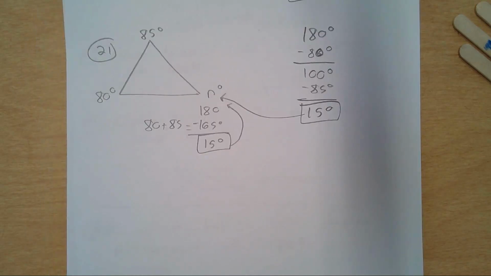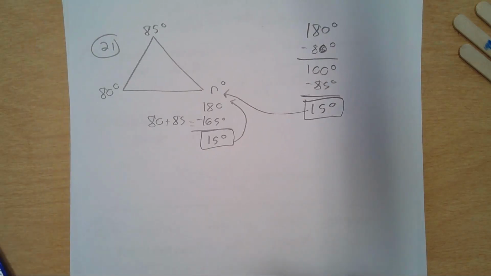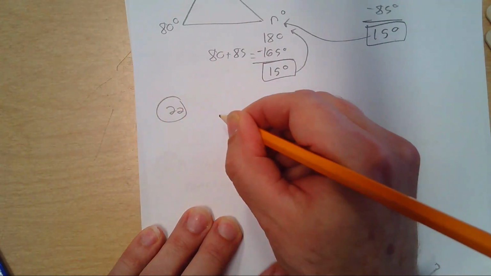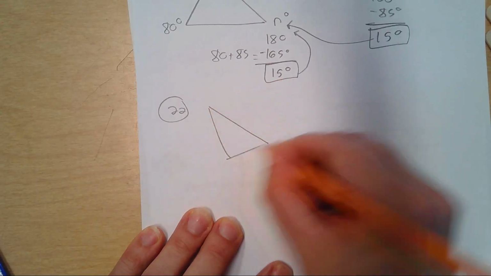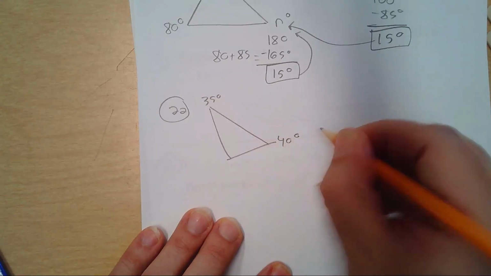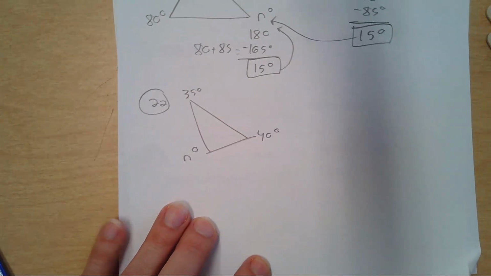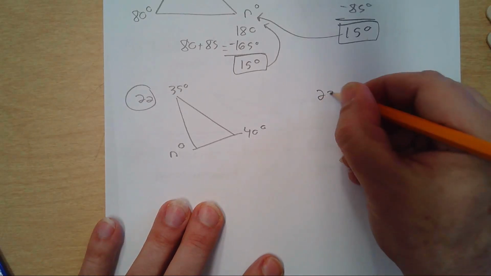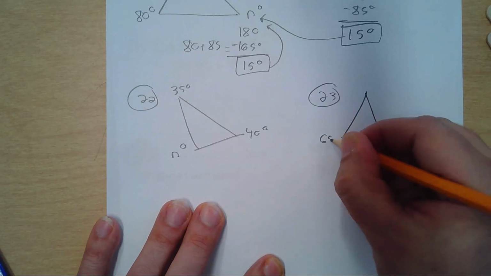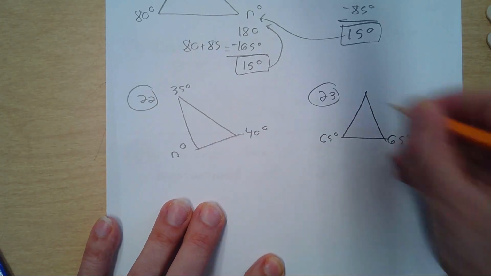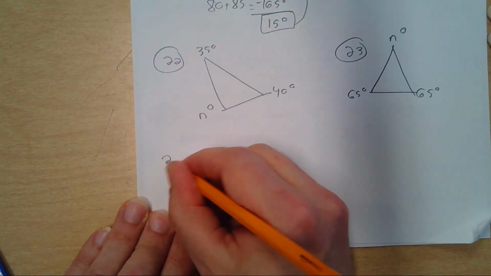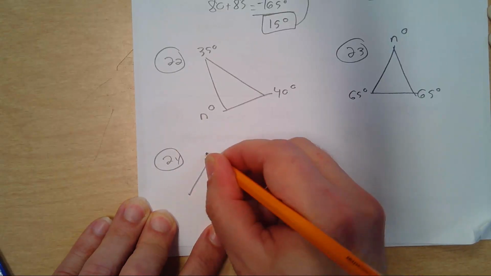So why don't you guys try the last three here? 22. Again, roughly sketch them out here. 35 degrees, 40 degrees. 23. Says 65 degrees, 65 degrees. 24.